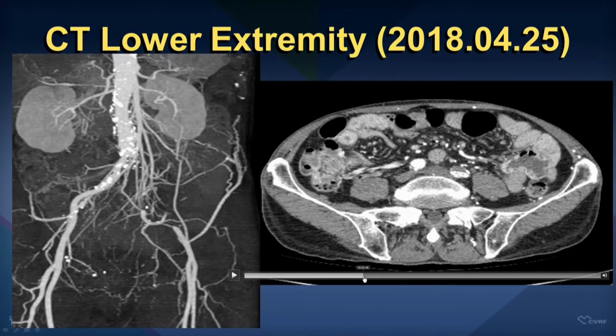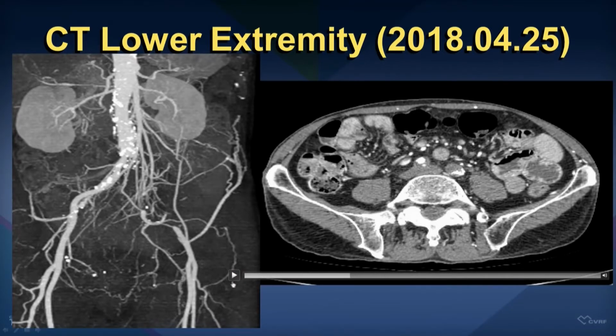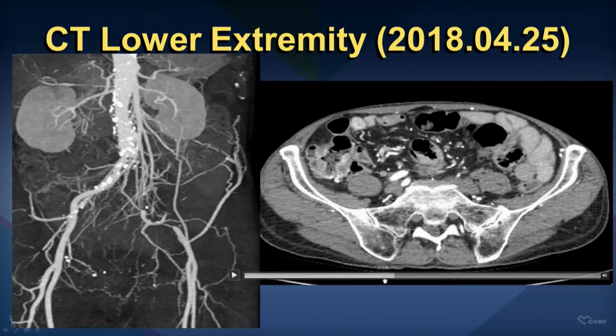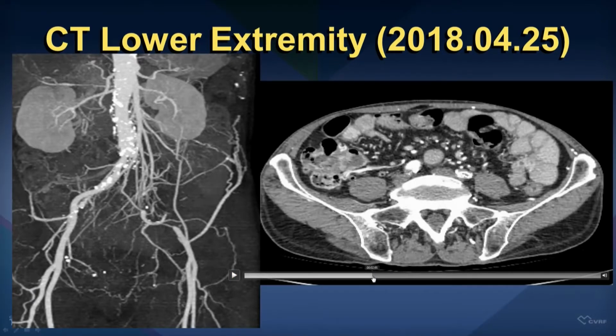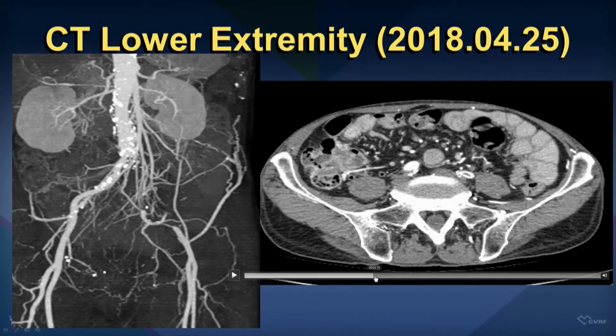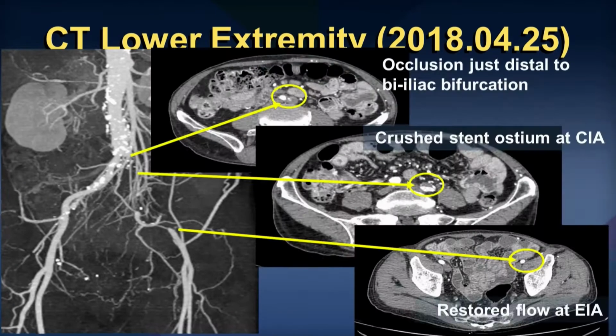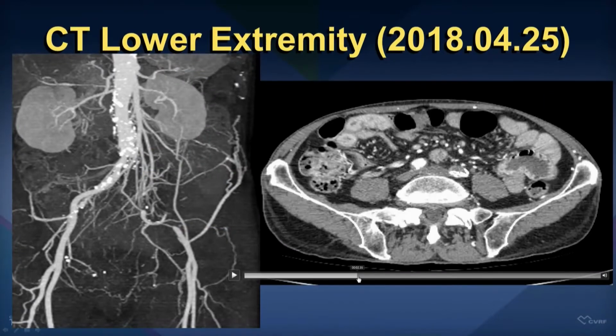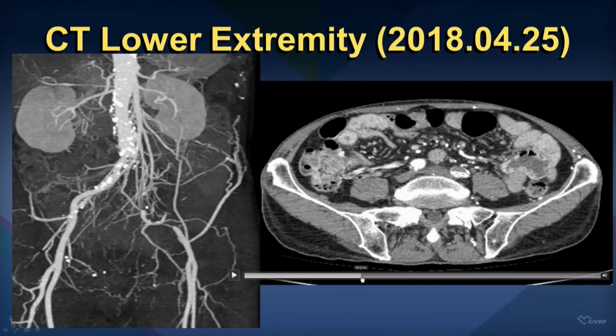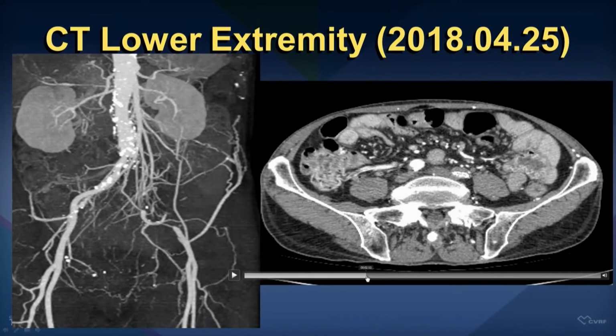The CT scan shows the stent's proximal portion had some elliptical shape and compressed morphology. So it's a very unusual morphology of the stent. We have many points of discussion for this case.